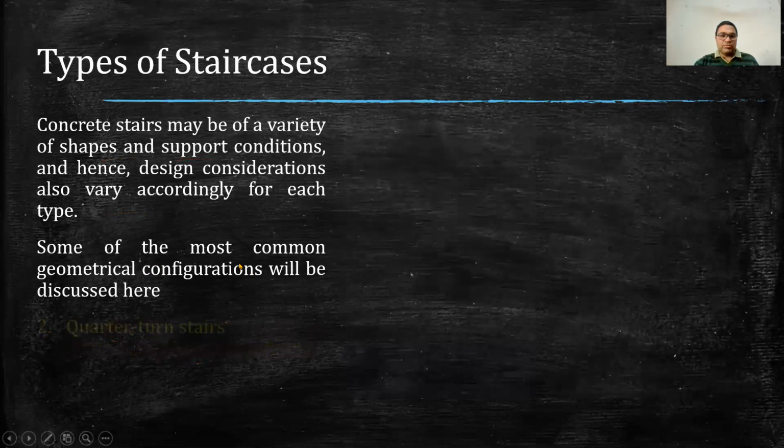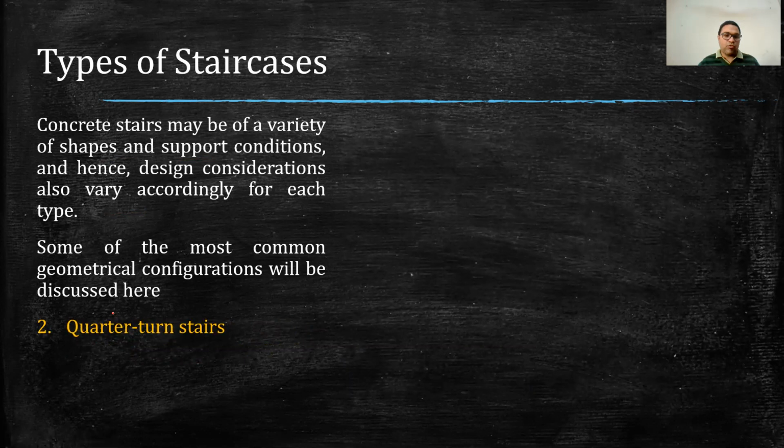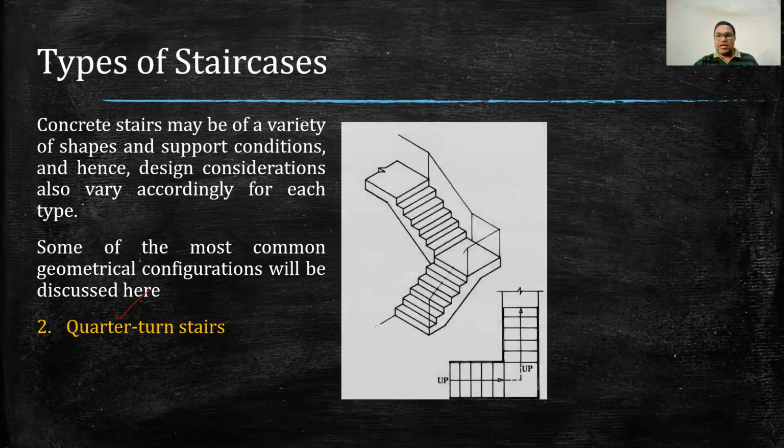Then coming to another type, one is called quarter turn stairs. In this, the stair flight turns quarterly and it looks like this. You can see this flight is turning at 90 degrees, and at the turning point we provide a landing.